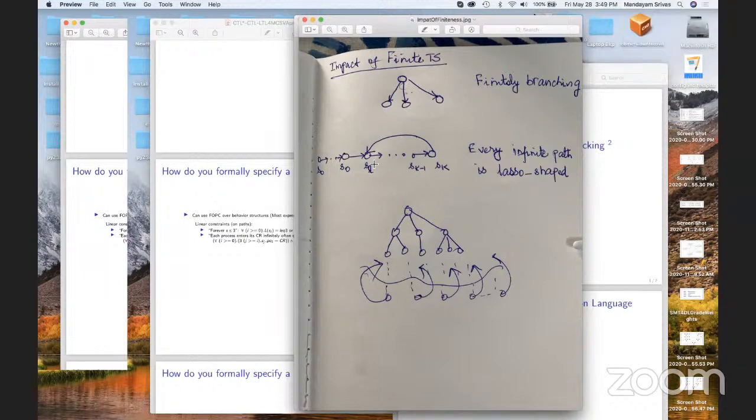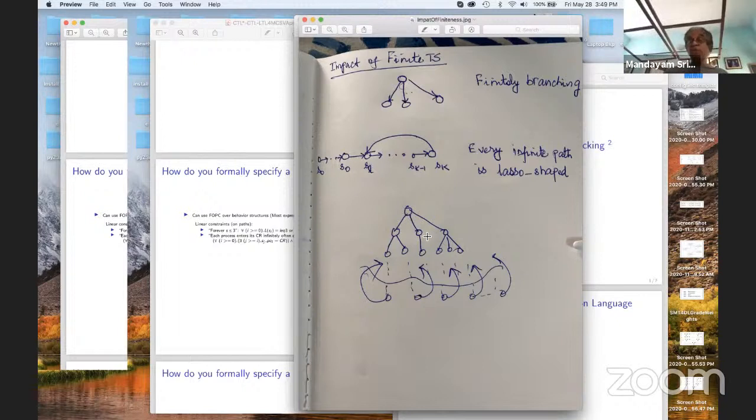Now, and similarly, computation trees will also be folding back like this. So yes, it is finitely branching. From each state there can only be finitely many outgoing edges, but eventually you will get to something which you have already seen, and therefore all the trees that originate from that are something that you would have already seen.